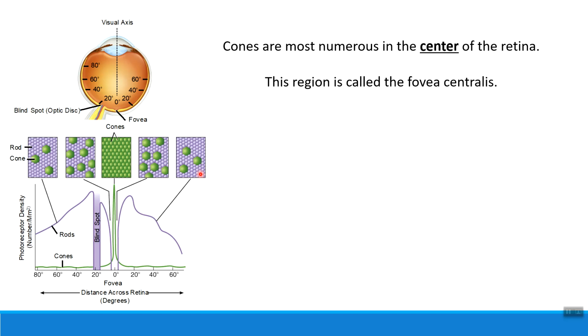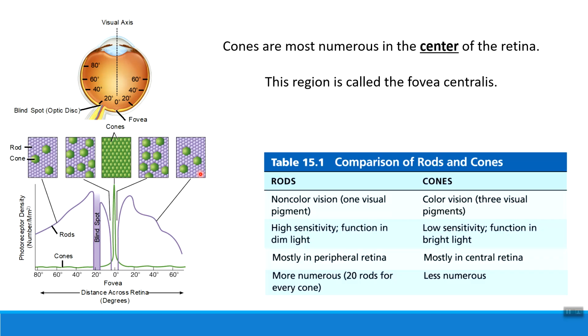So when we're considering the locations of rods and cones, remember that cones are very centralized, rods are more on the periphery, they're more on the outside. This is an excellent comparison table from your textbook to summarize what we've said about rods versus cones. Remember that rods don't see in color, cones do.